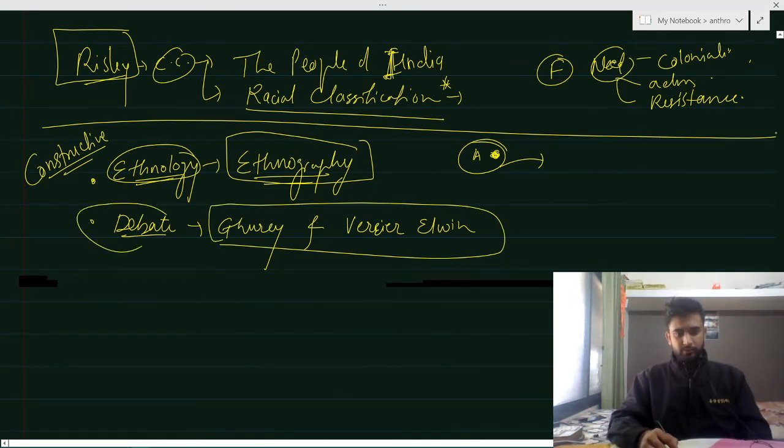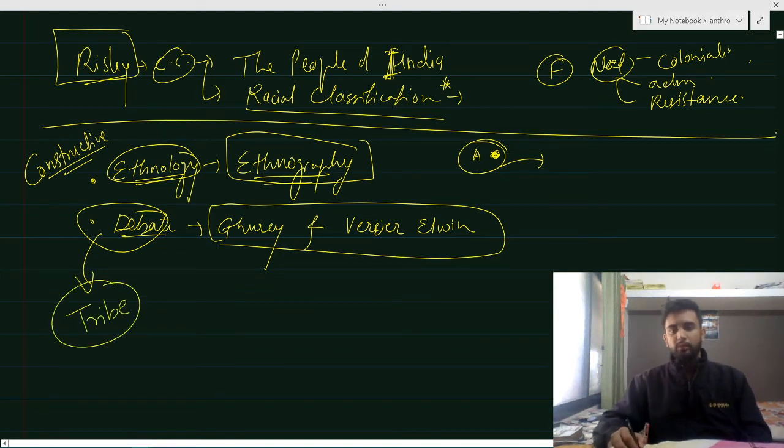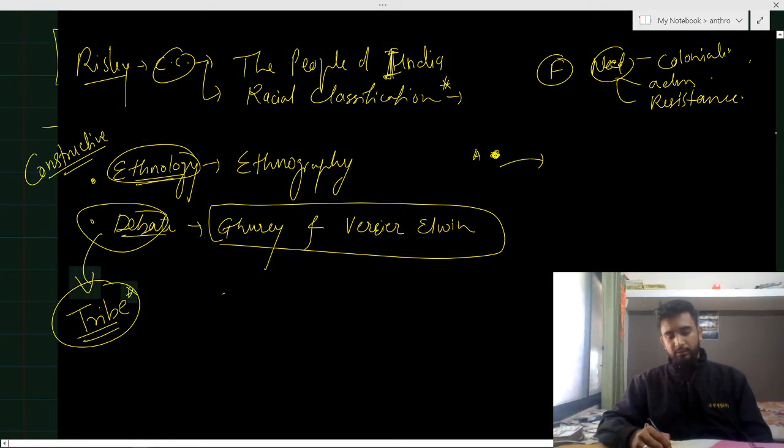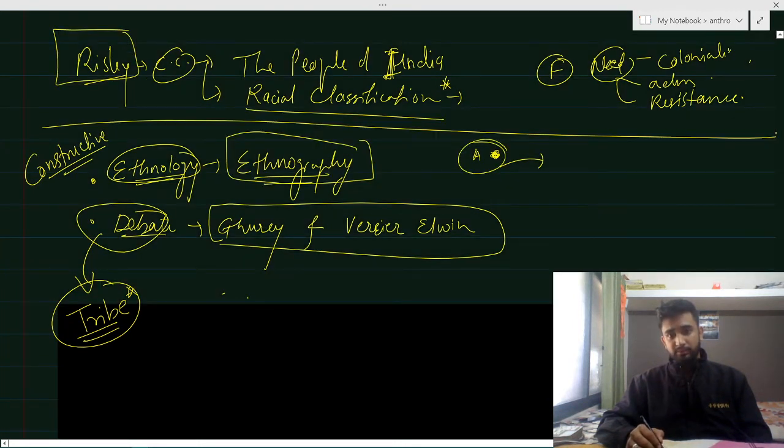This debate was all about what to do with tribes, because these were the people who were not similar, who were different. These were the people who were there, but no one actually knew their existence or beginning, end, etc. So what to do with them?